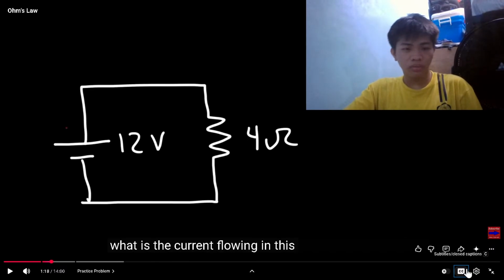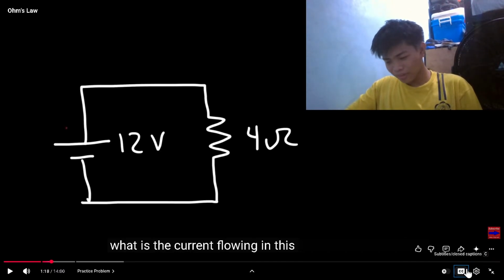3. Kasi 12 volts, diba? 12 volts equals 4 ohms. Kung current is I, ang formula for Ohm's law is volts equals I times R. Hindi, 12 volts equals 4 ohms.